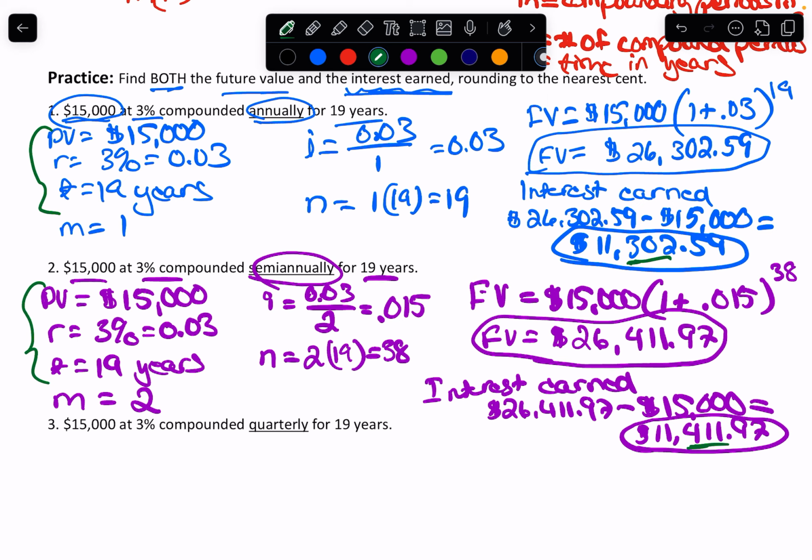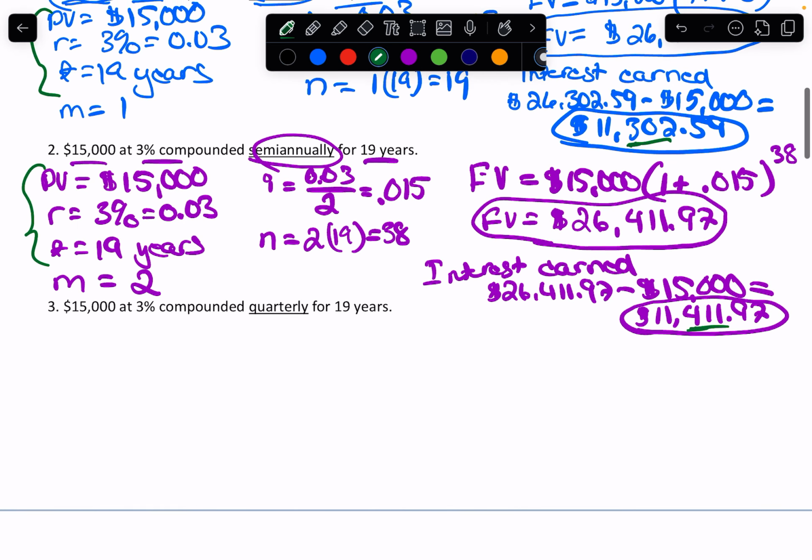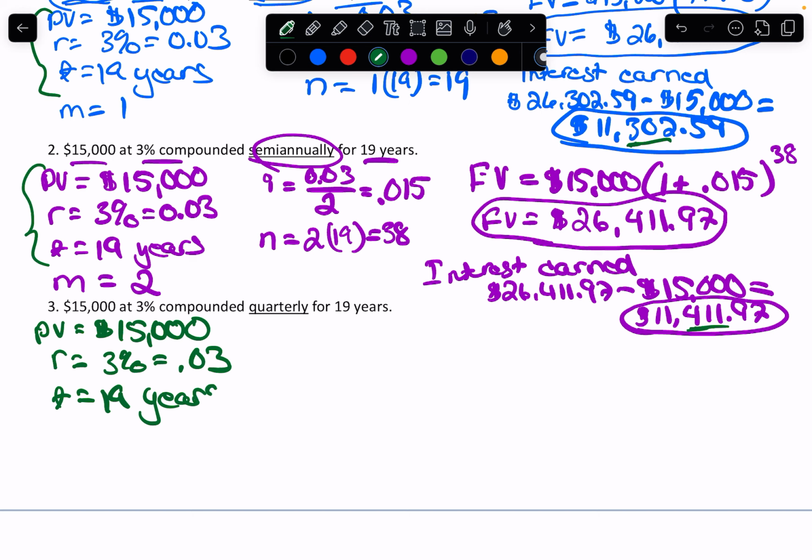So let's see what happens when $15,000, the interest rate is again 3%, so 0.03, and our t time is 19 years, so that has not changed. So all of these are still the same.